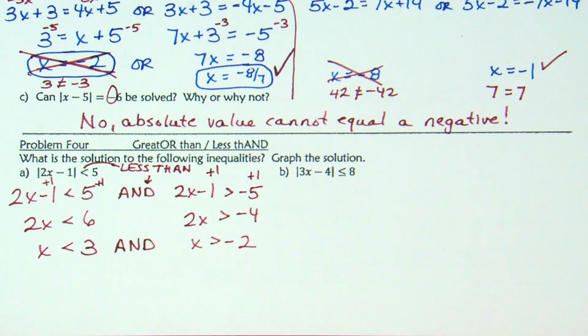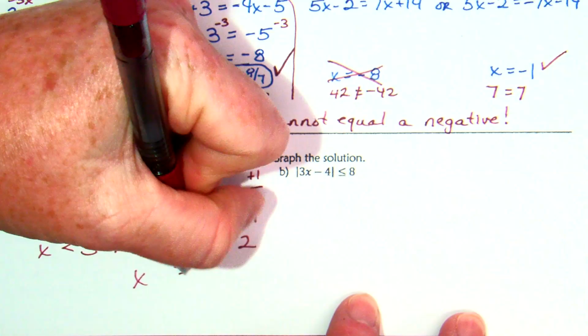Now, and statements. How can we write and statements? Do you remember how to write these from the last lesson? Yep. Put x in the middle. Larger number goes on the right. Smaller number goes on the left.